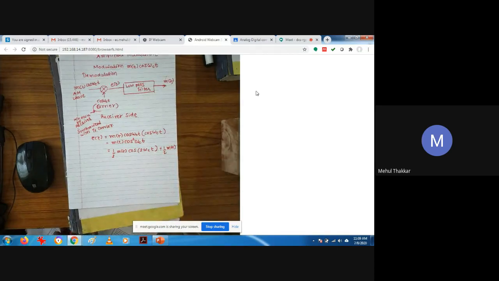So that expansion I have done. So what is your e of t? Ultimately you are getting 1 by 2 m of t plus 1 by 2 m of t into cos 2 omega ct.